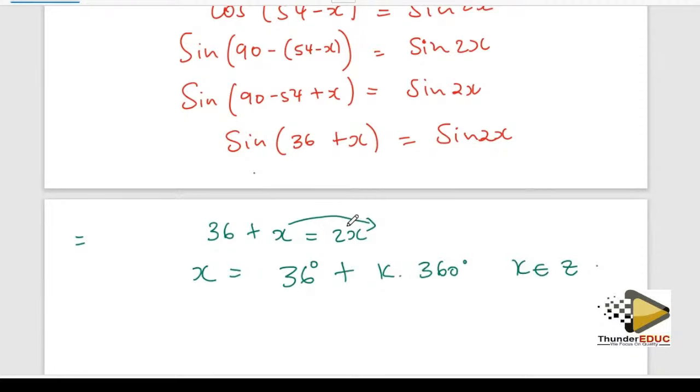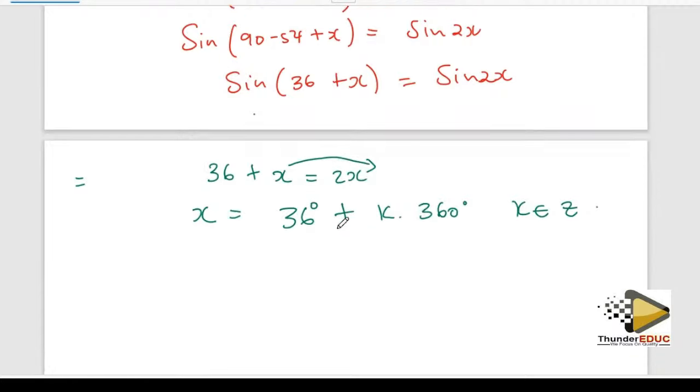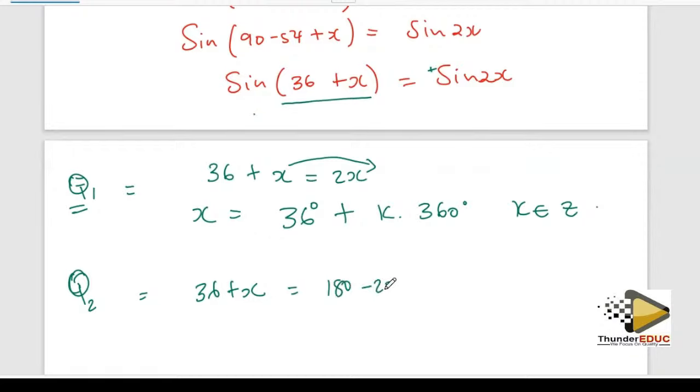So what I'm saying, I'm taking this 2x to be my reference angle, which means this is quadrant number 1, where our sine is positive. Then in quadrant number 2, because that's where I find my sine to be also positive, I'm going to have 36 plus x is equal to 180 minus 2x, and then plus k times 360.